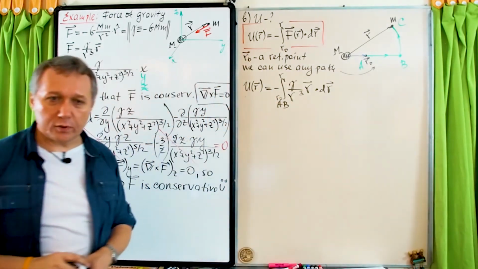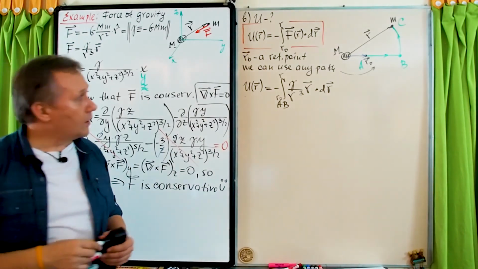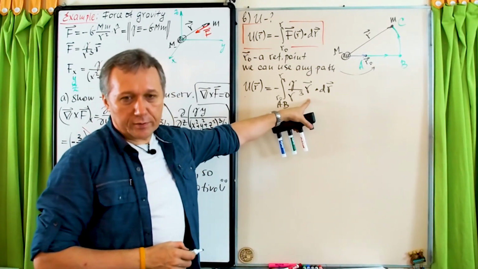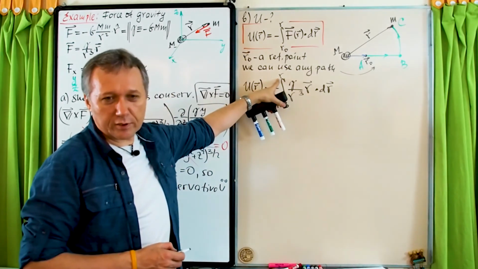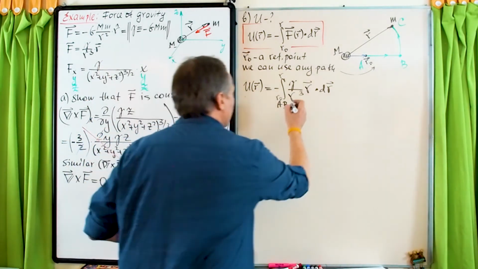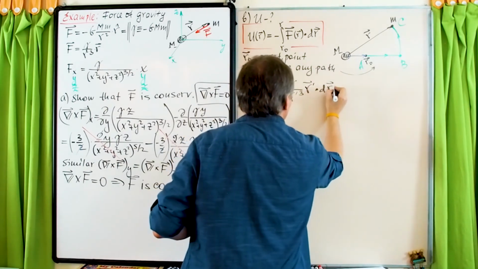In order to avoid confusion, usually a prime is used next to the variable of integration to distinguish it from the upper limit. So let's do the same: prime, prime, prime.